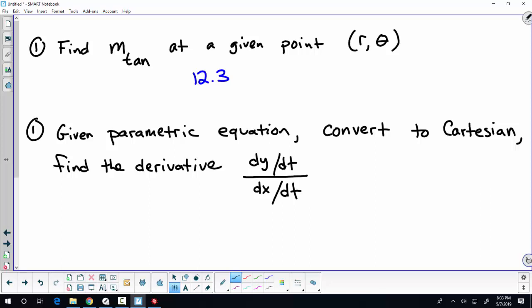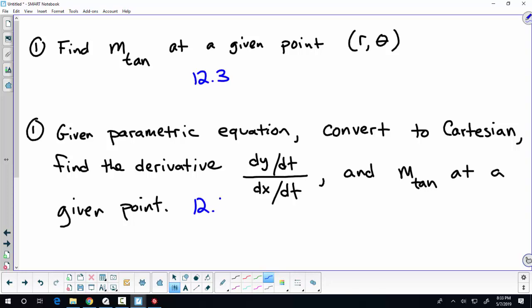Find the derivative and the slope of the tangent line at a given point. So that was from 12.1.